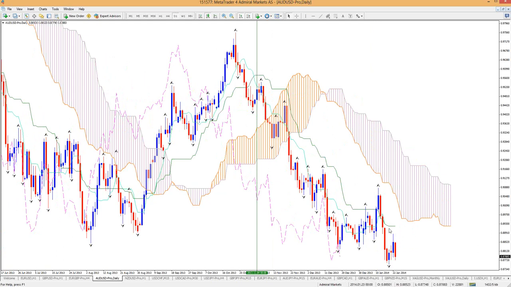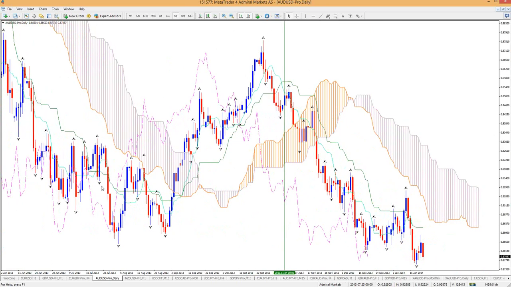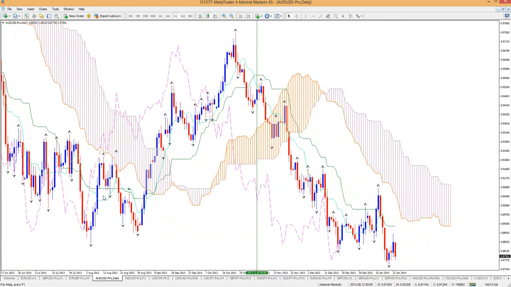And it looks like we could have another strong crossover here on the daily as well on the Aussie. Now you might not want to just trade those every time, because they don't work well every time. You definitely want to have some confirmations from other elements.